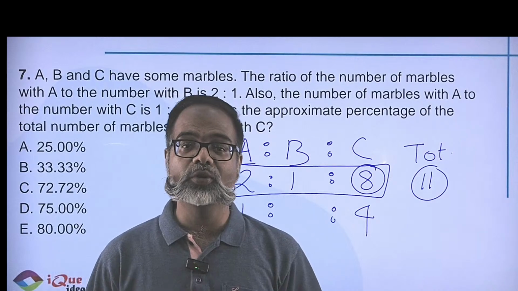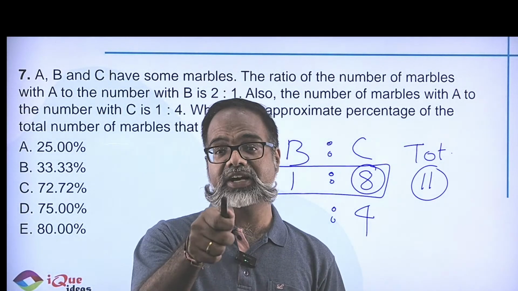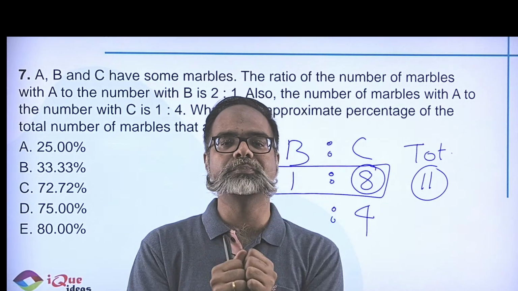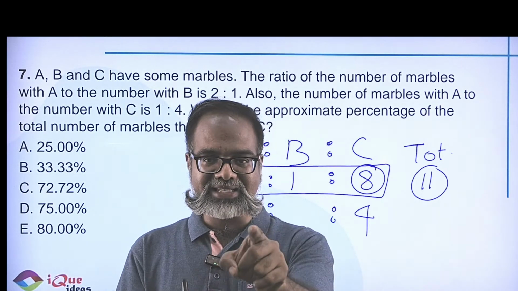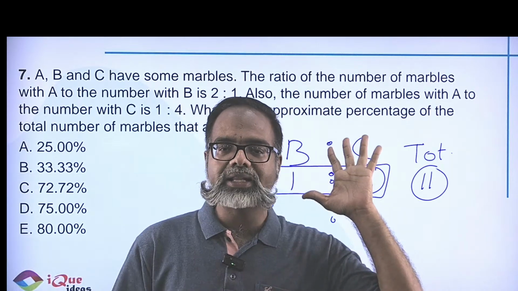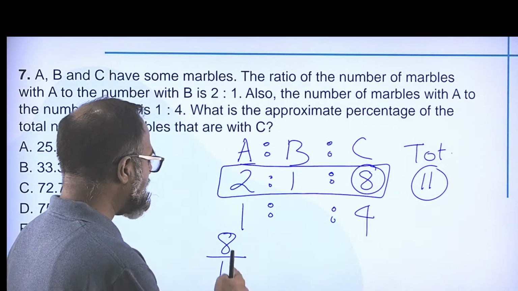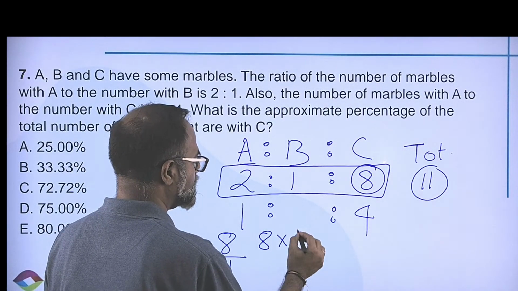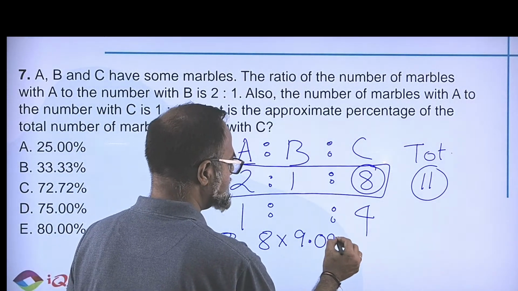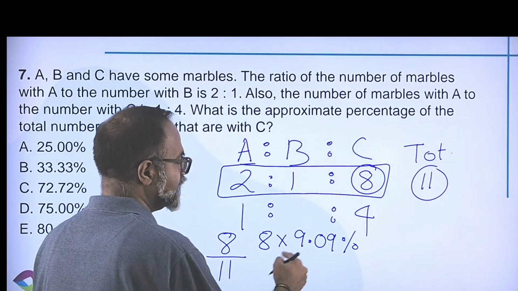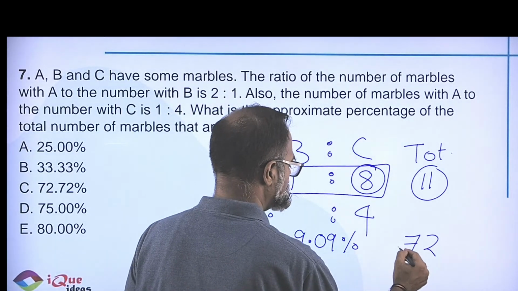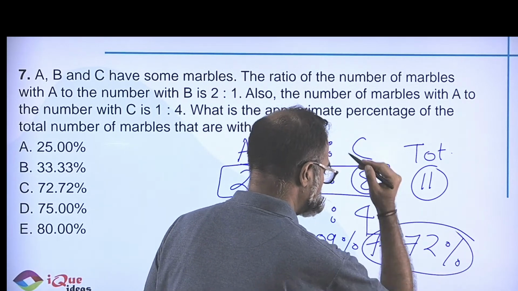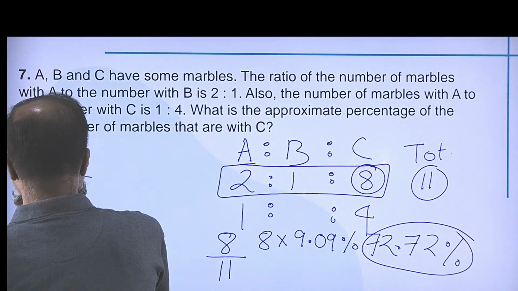But if you have been following my classes, you would definitely know why I keep insisting, remember your reciprocal percentage values. And this is exactly the type of question where that magic number comes into play. I know 1 by 11 is 9.09%. So 9 eights are 72, my answer is 72.72%, which is option C.